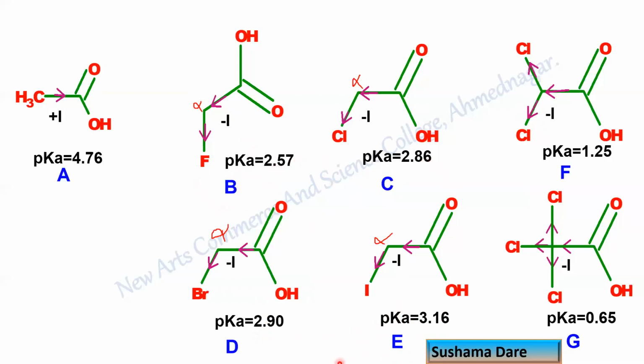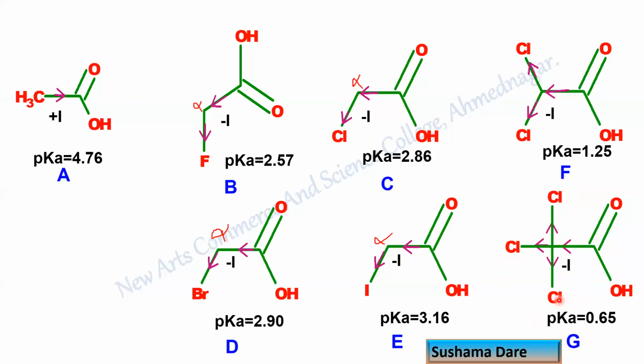From the pK value, we can conclude that the presence of an electron withdrawing group on the alpha carbon increases the acidity of the compound. Now in this example, instead of one electron withdrawing group, there are two electron withdrawing groups on the alpha carbon in the case of F, while in the case of G, there are three electron withdrawing groups on the alpha carbon. As you increase the number of electron withdrawing groups, it automatically increases the minus I effect.